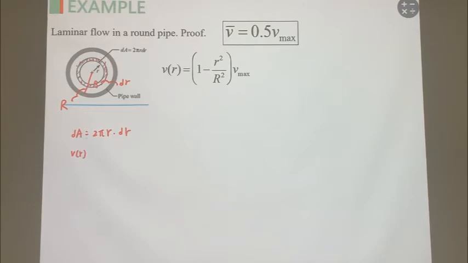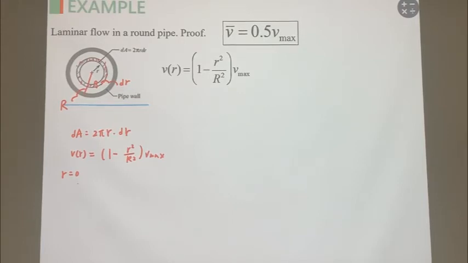In the pipe flow, the flow velocity is a function of the radial length. So we have V(r) equals 1 minus r squared over capital R squared, times V maxima. In this flow condition, if you consider r is 0, where is r equal to 0?